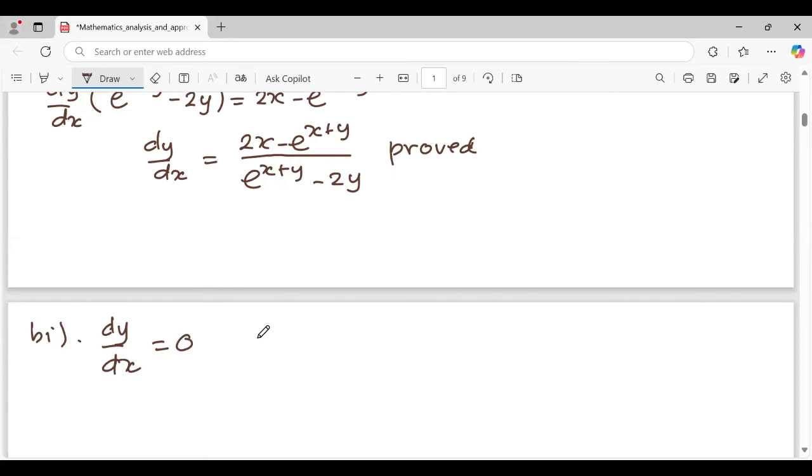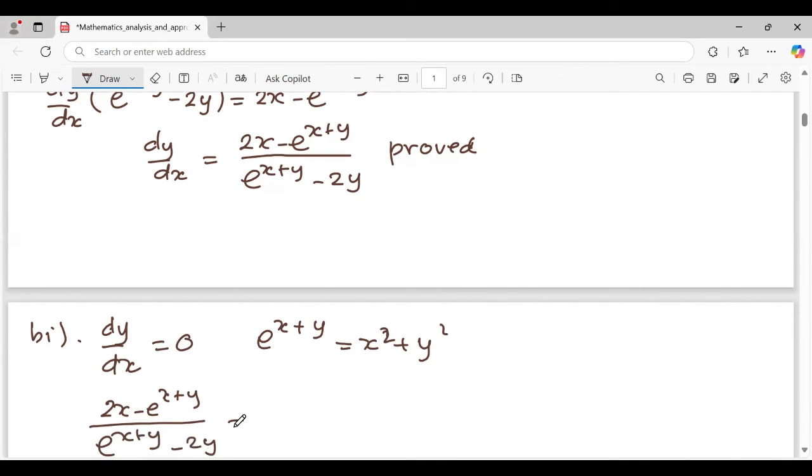The dy/dx of this equation, e^(x+y) equals x squared plus y squared, based on this result, is (2x minus e^(x+y)) over (e^(x+y) minus 2y) equals 0.